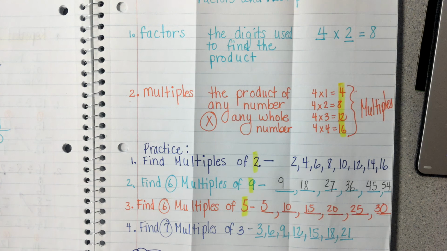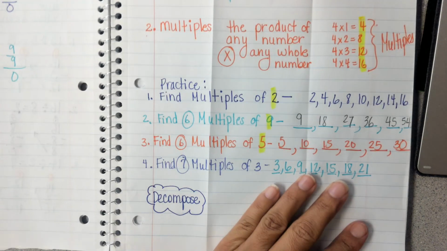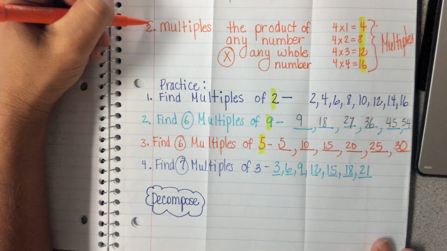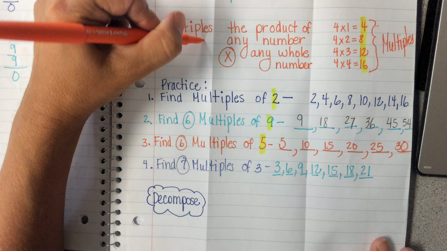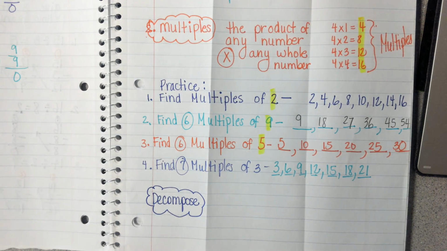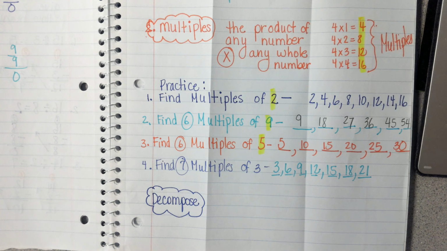You have one more vocabulary word, and the word is decompose. While you're writing that, I'll be fixing this. Okay, first I'm going to show you an example of how to decompose.